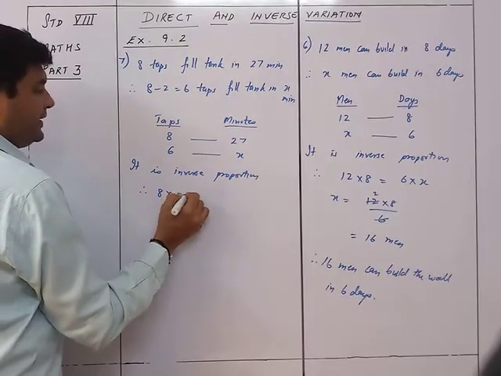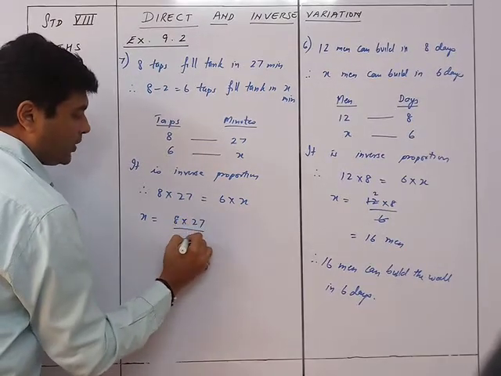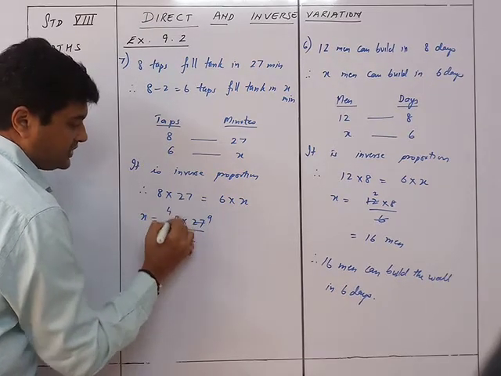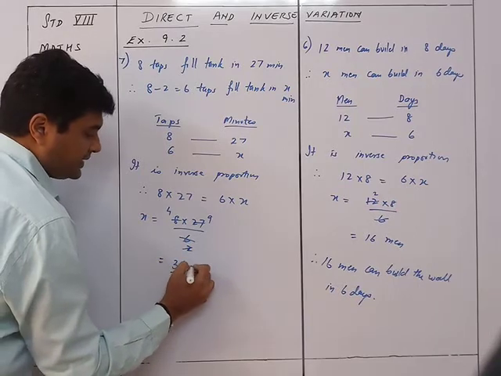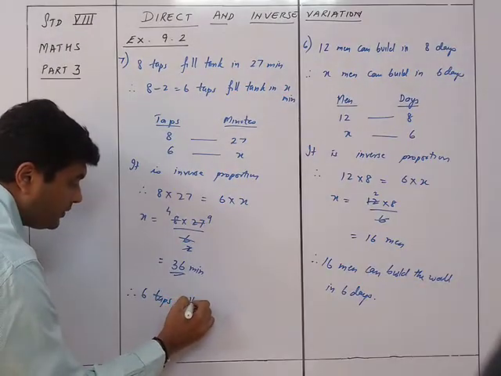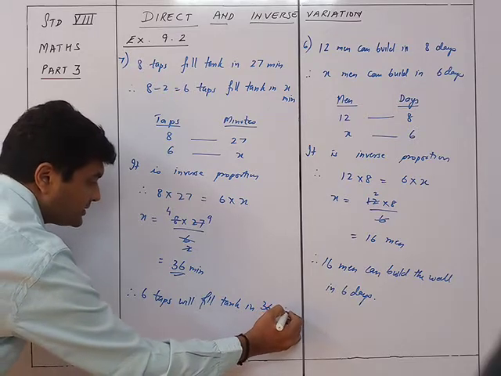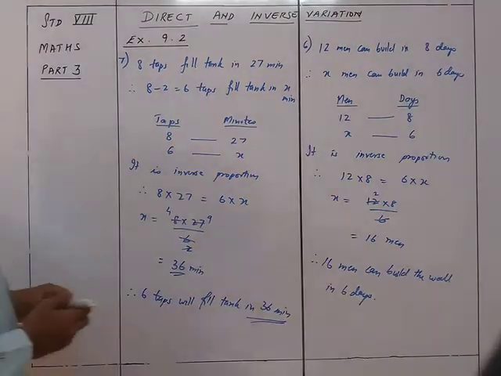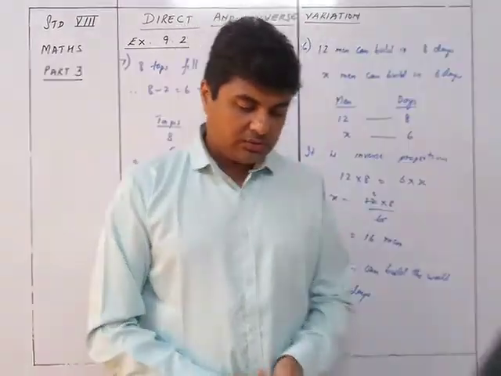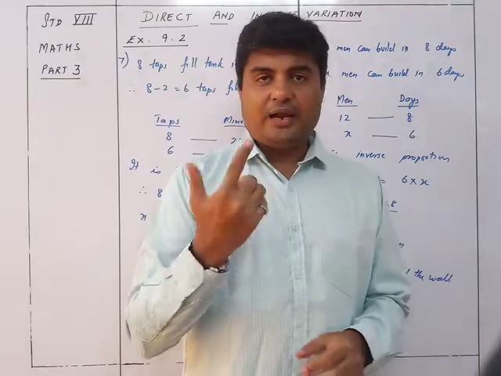Therefore, 8 into 27 is equal to 6 into X. X is equal to 8 into 27 upon 6. So 3 2s are 6, 3 9s are 27, 1 4s are 4, which is equal to 36 minutes. Therefore, 6 taps will fill the tank in 36 minutes. Is it clear? So this is how we are going to do the sums. Though quite an easy one, the remaining 5 I'll do in the next video.